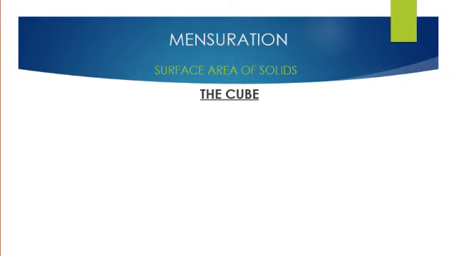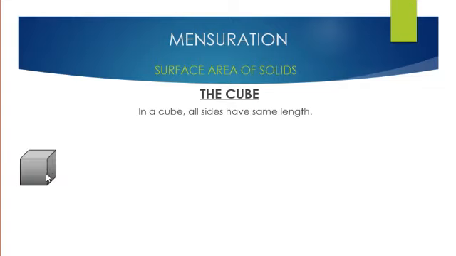The cube, I'm sure you know, comes from a square, right? So all its sides have got the same length. So that's very helpful for us to get the formula to find the surface area of a cube. So you agree with me, this diagram looks like a cube. It comes from a square.